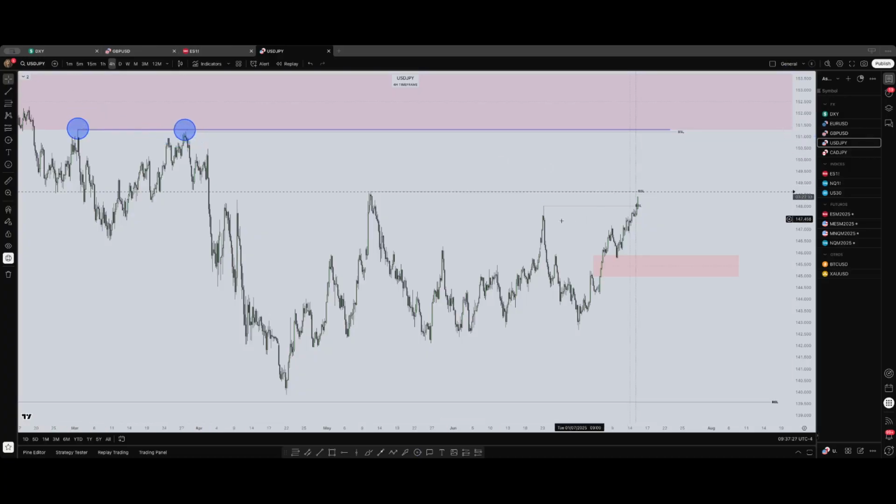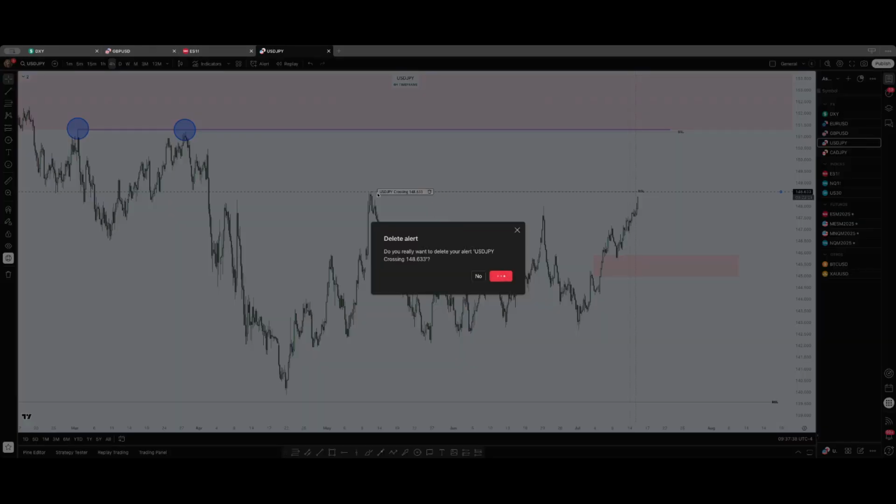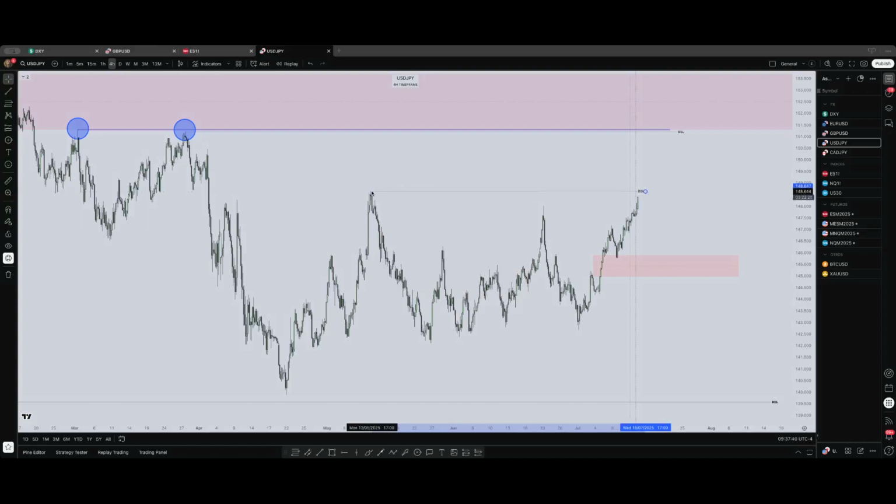Very interesting area. Price already took this buy side liquidity, now it's attacking this level here.